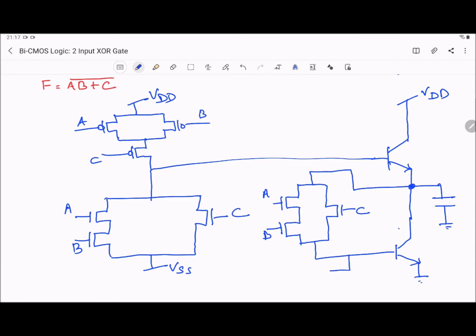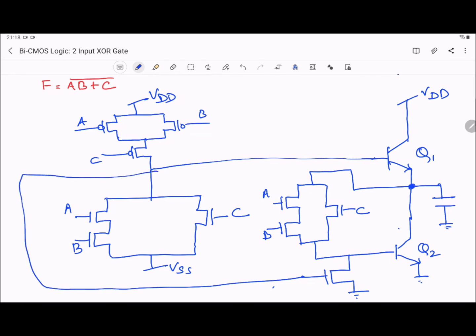We require one more MOS transistor to remove the base charge of transistor Q2, and the gate of this transistor is connected to the output node of the CMOS stage.